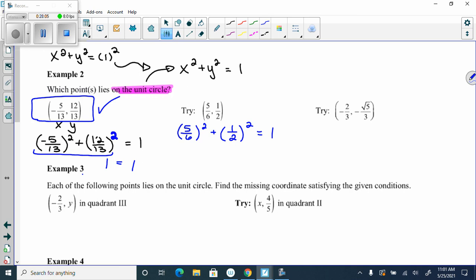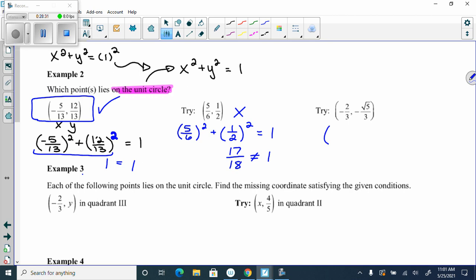Okay, what do you have to do with the fraction? So it's 17 over 18. So 17 over 18 does not equal 1. It's close, 0.944 of a radius, so it's close to the unit circle, but it's just kind of floating on the inside of it. So this one is not.